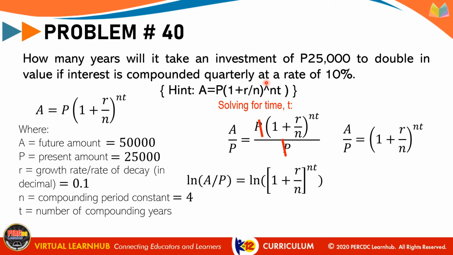So taking the ln both sides, we have ln of A over P equals ln of 1 plus R over N raised to NT.